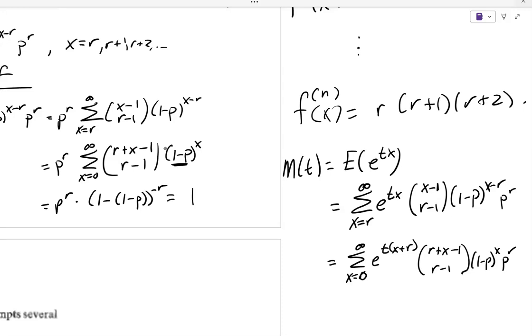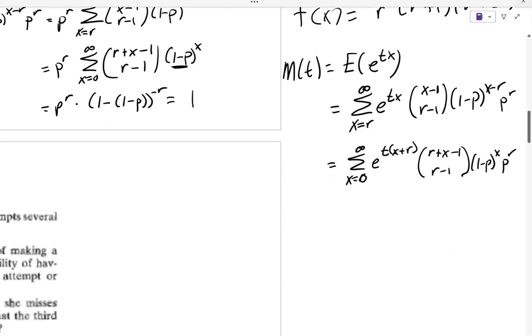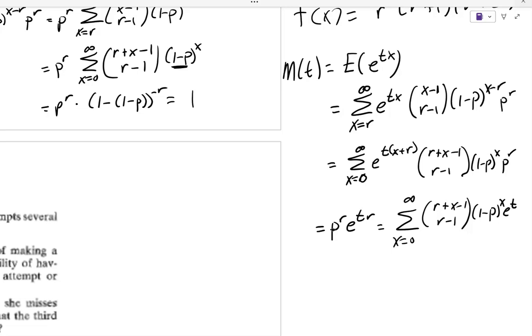If I distribute the t through and split it up with the plus sign as multiplication, I've got an e to the tr, right? So we can pull out a p to the r and an e to the tr. And on the inside, we'll have r plus x minus 1, choose r minus 1, 1 minus p to the x, and e to the tx.